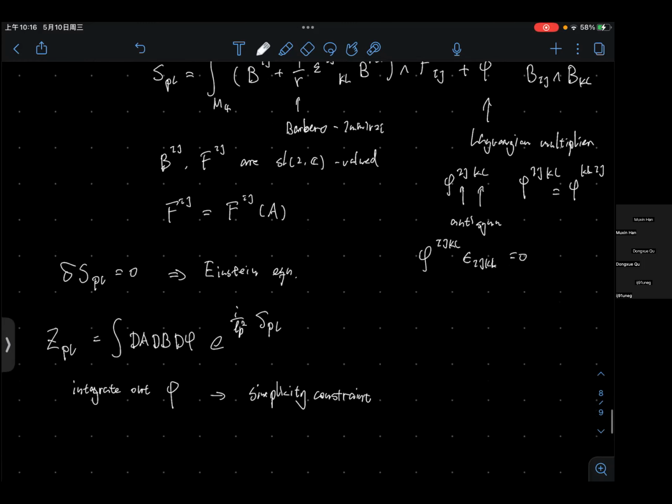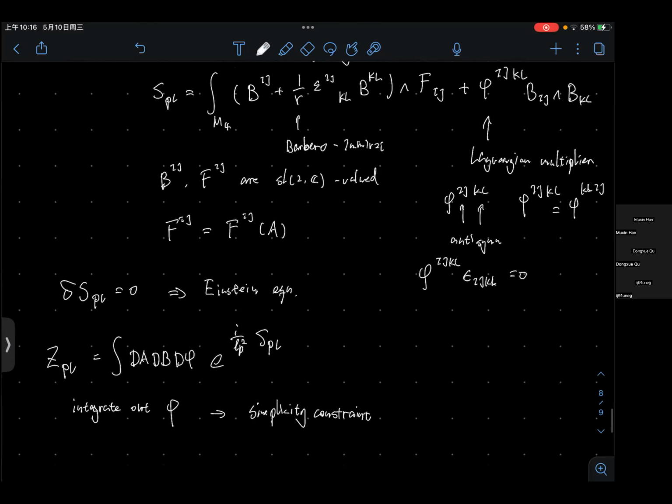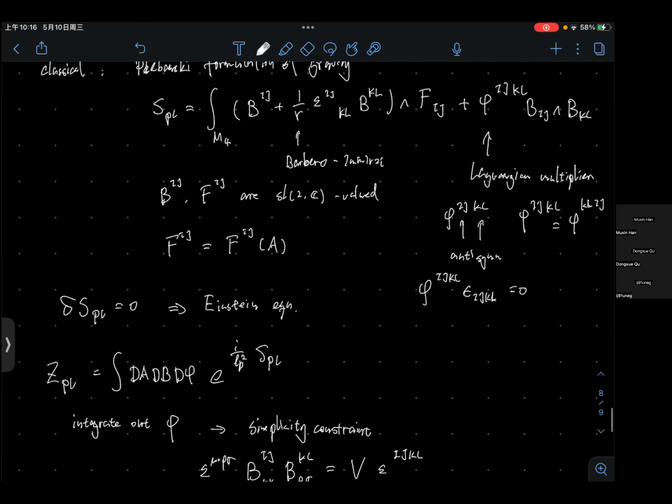You can write down this simplicity constraint by taking the derivative with respect to phi of the action, and the simplicity constraint is given by the following: epsilon^{μνρσ} B^{IJ}_{μν} B^{KL}_{ρσ} equals the volume times epsilon^{IJKL}. It is linear in phi, and apparently, if you integrate out phi, you would get the factor B wedge B equals 0.